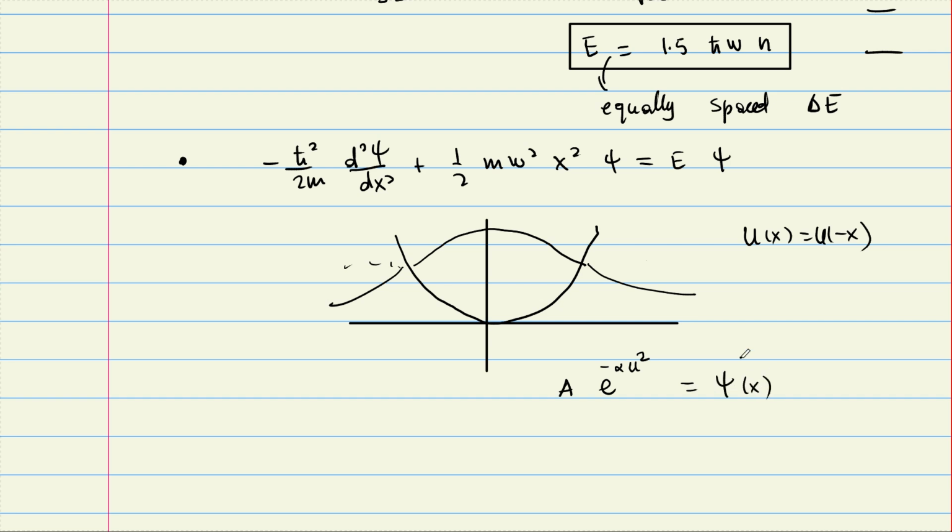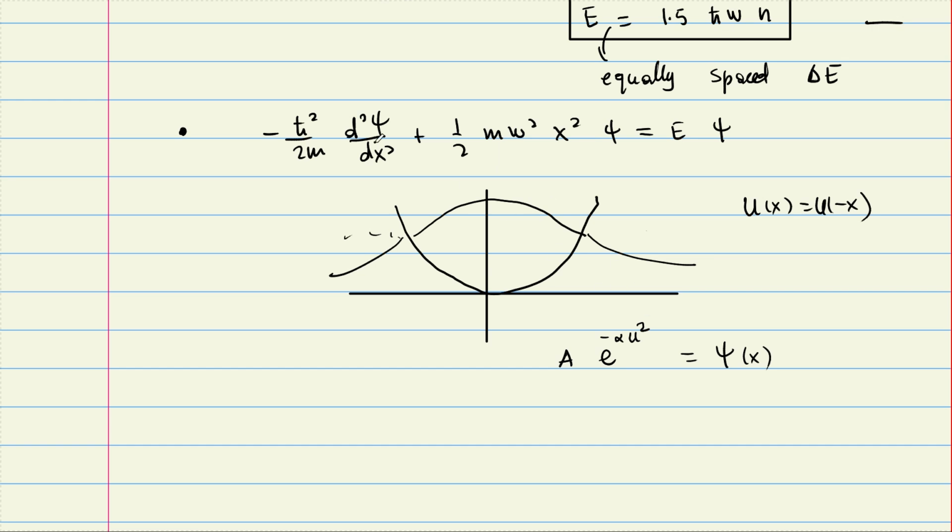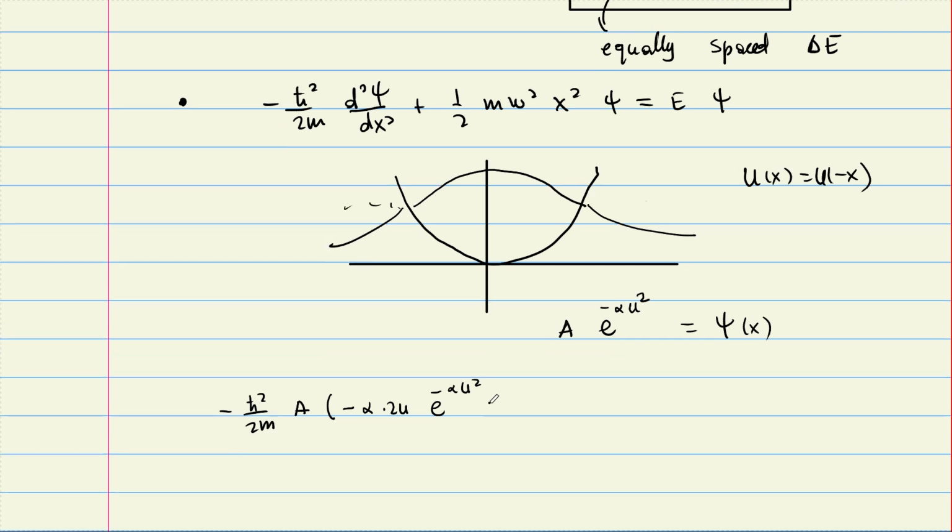So if you substitute this in there, let's do a substitution and see what this gives us. Minus h bar squared over 2m. If I take the first derivative, it's going to be minus alpha times 2u e to the minus alpha u squared.